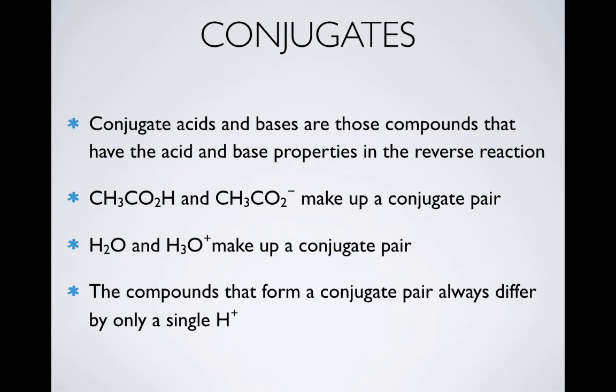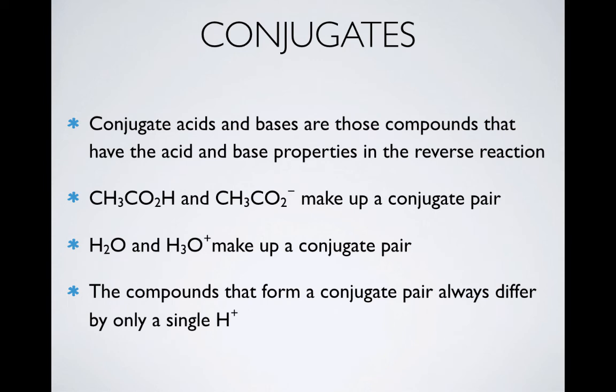So we saw in that reaction a couple slides ago, acetic acid and the acetate ion make up a conjugate pair. In the forward reaction, your acetic acid was acting as the acid. In the reverse reaction, the acetate ion was the conjugate base. So acids have conjugate bases. For the other compound, water, we saw water was acting as a base and becoming H3O+, and that's its conjugate acid.